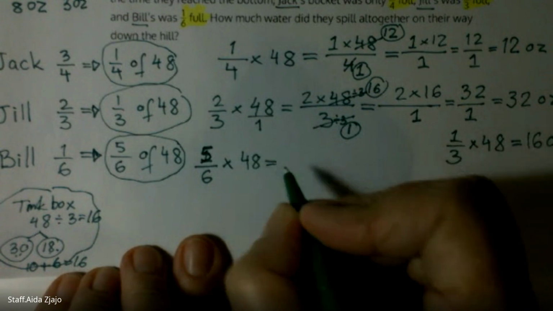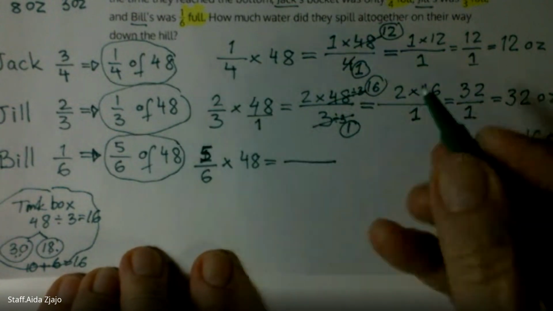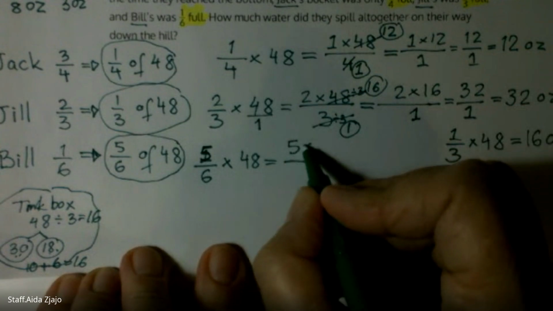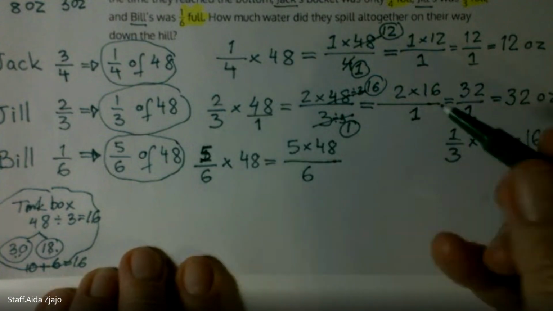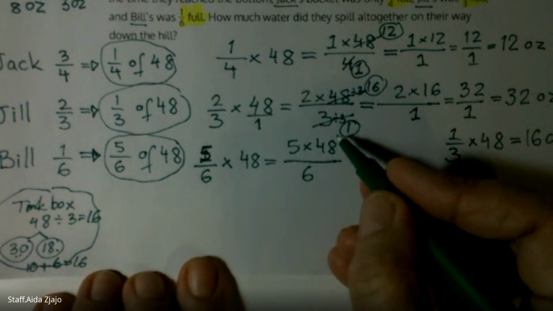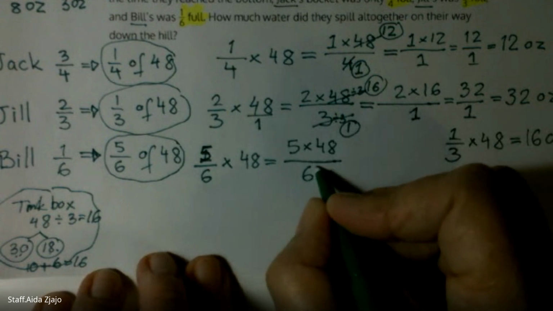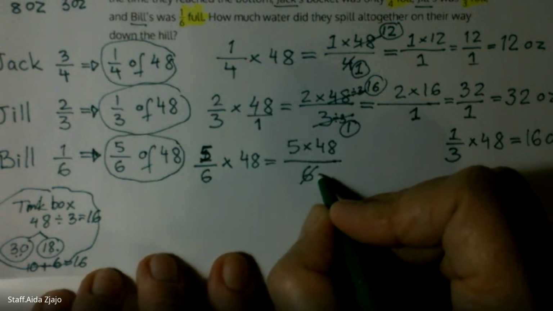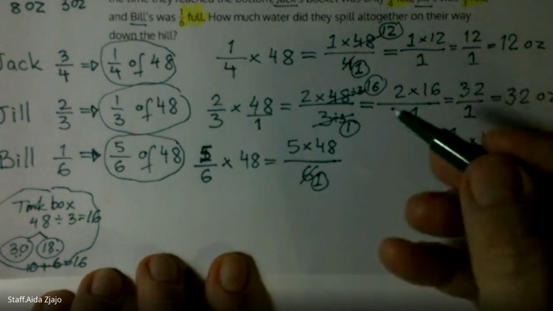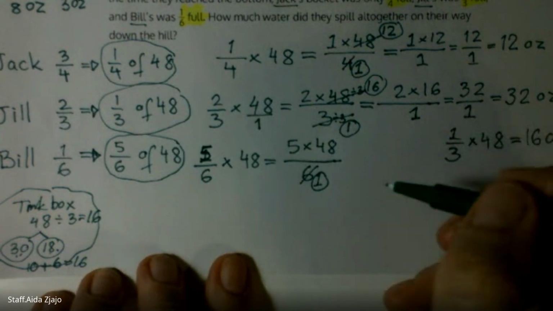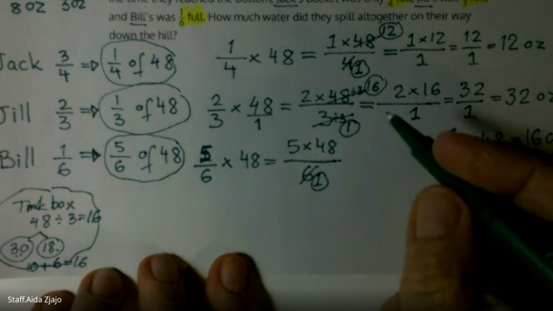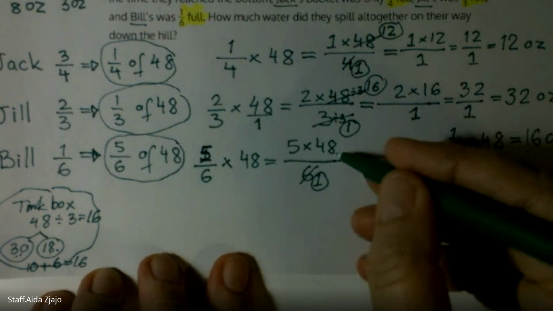So if I do the algorithm, 5 times 48 divided by 6, I can now simplify 6 and 48. I can divide by 6. 6 divided by 6 is 1 left, and then 6 times 6 is 36, but 6 times 7 is 42, and 6 times 8 is 48.